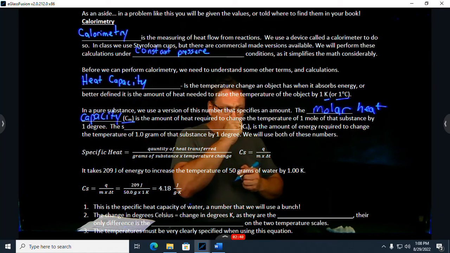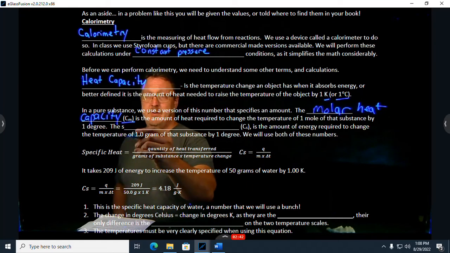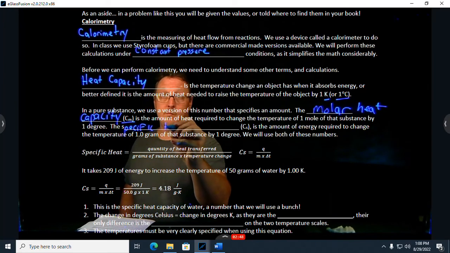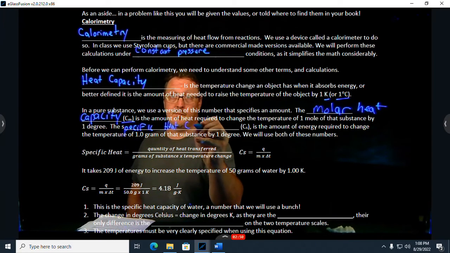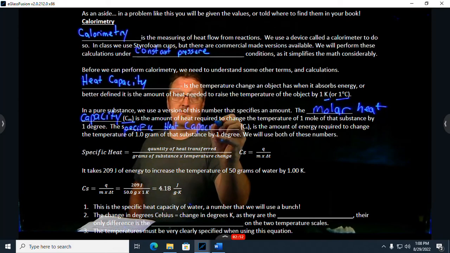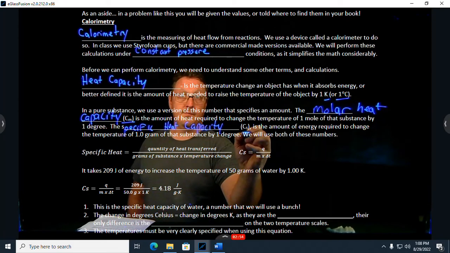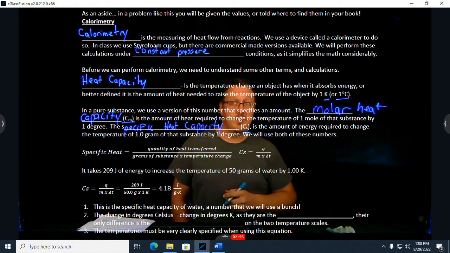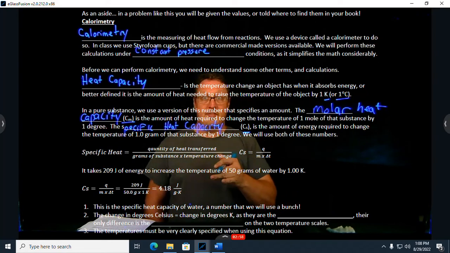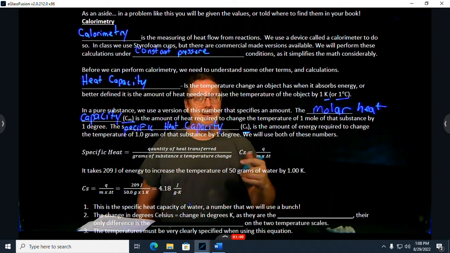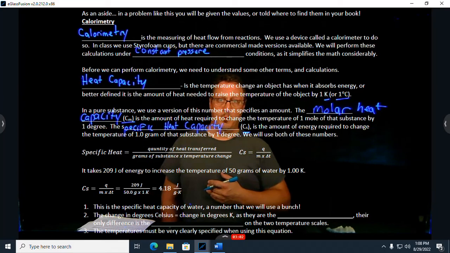The specific heat capacity, or C_s, is the amount of energy required to change the temperature of 1 gram of that substance by 1 degree. We're going to use both of these numbers, okay?